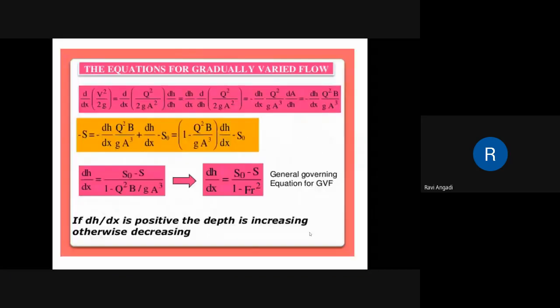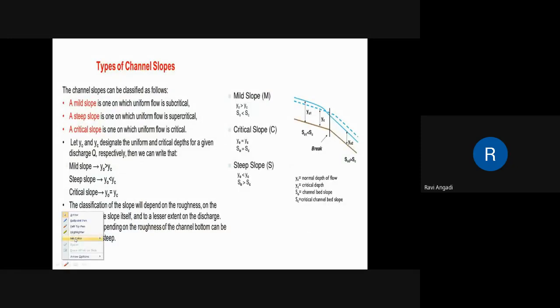Now coming to this one, which is very important. The next part of this chapter is types of channel slopes. As you all know, when water is flowing in a channel, depending upon the slope, the channel bottom can be classified as mild slope channel, steep slope channel, critical slope channel, and even a horizontal channel slope and adverse channel slope.